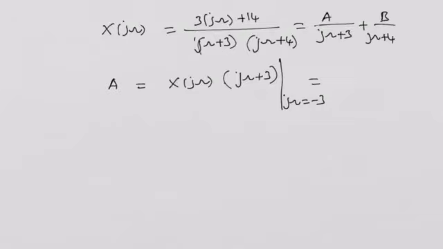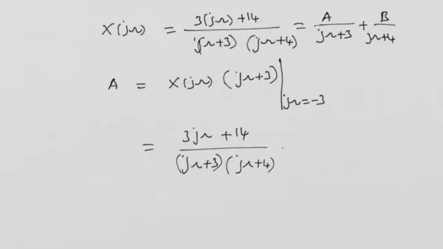So I write: 3jω plus 14 whole divided by (jω plus 3) multiplied by (jω plus 4), multiplied by (jω plus 3), and I want to replace wherever jω is there. At last, jω will all be replaced by minus 3.